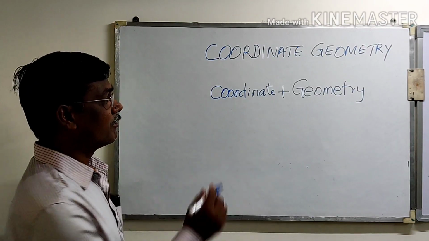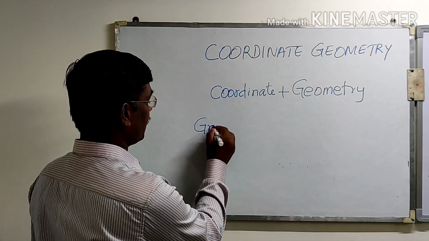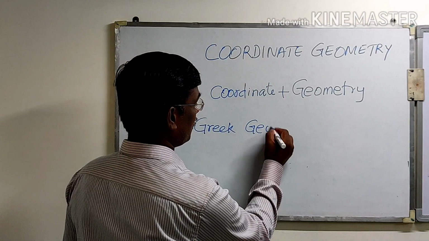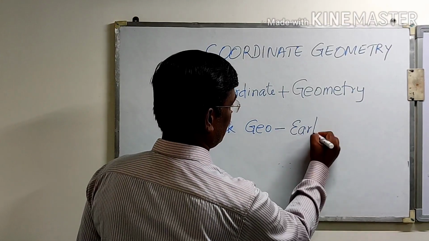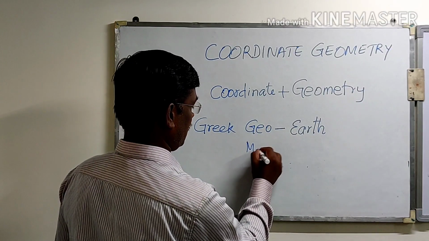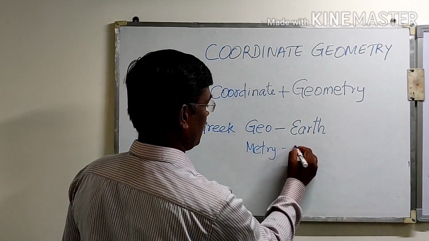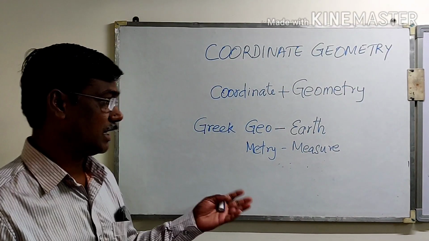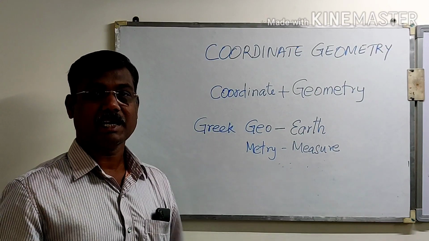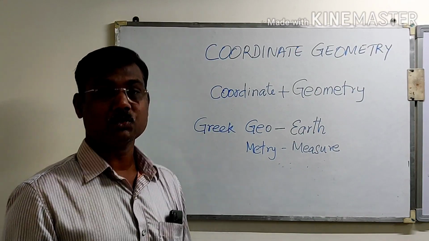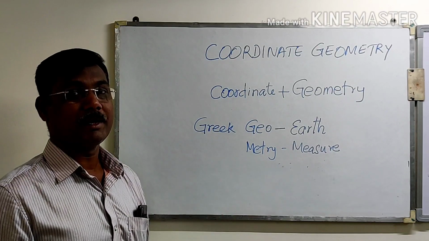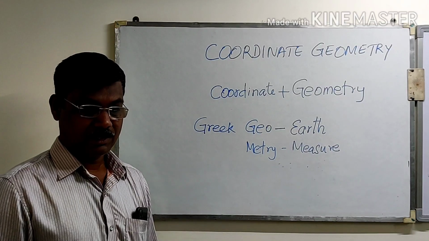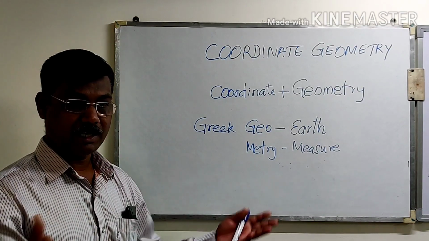The word geometry is derived from the Greek word; geo means earth, and metry means measure, that is, measure of the earth. முதல்ல earth நிலத்தை அளக்கிறதுக்காக யூஸ் ஆன ஒரு மெத்தட் வந்து ஜியோமெட்ரின்னு they might have named like this. So geometry basically came from the measurement of earth.